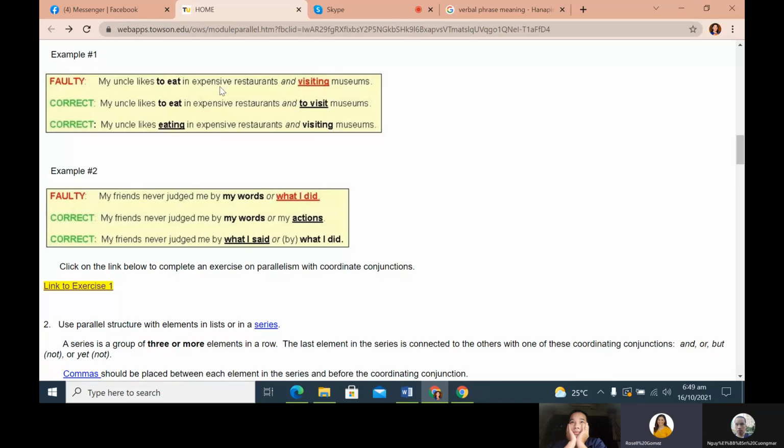Now, in expensive restaurants, you are telling a location, restaurants and museums. But in the first part, you are describing what kind of restaurant it is.